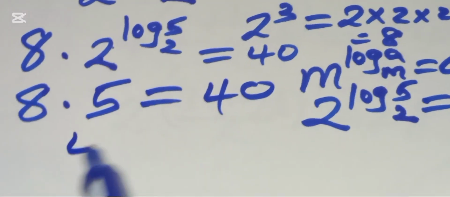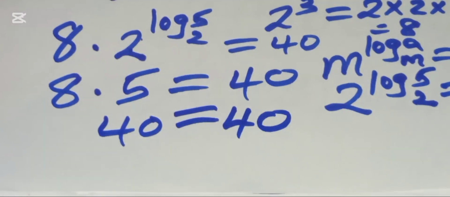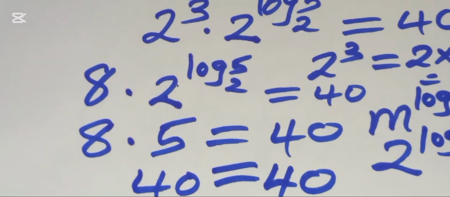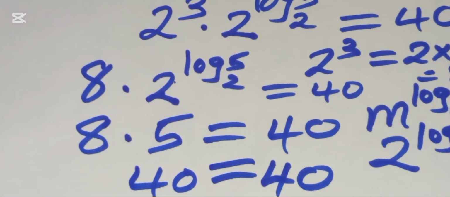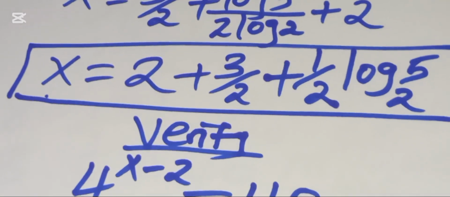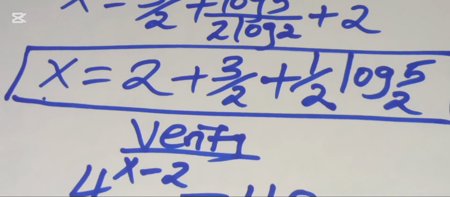So 8 times 5 is equal to 40. And that affirms that the value of x, which is equal to 2 plus 3 over 2 plus a half log 5 to base 2, actually satisfies the equation.